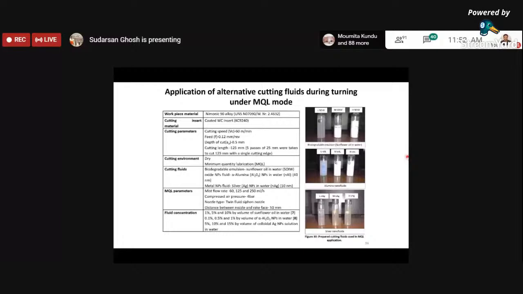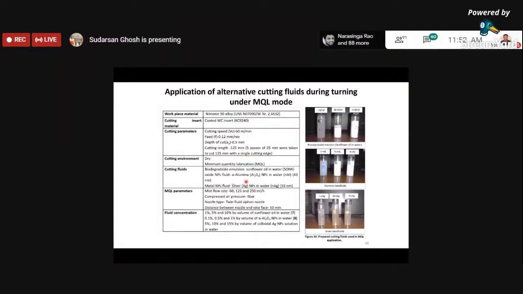Now, so far I have discussed the usage of nanofluids in the grinding process. We have also used these nanofluids in the machining process, mainly the turning process. Some superalloys like Pyromet superalloy have been used for these experiments.